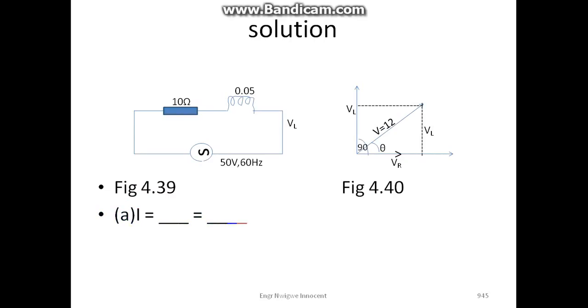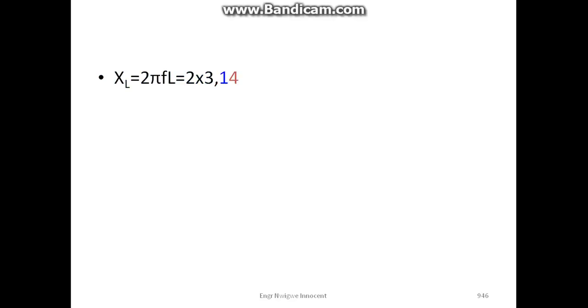A, for the question A, I is equal to V over Z, which is equal to V all over square root of, in bracket, R squared plus XL squared. XL is equal to 2 pi FL, which is equal to 2 times 3.142 times 60 times 0.05, which is equal to 18.85 ohms.